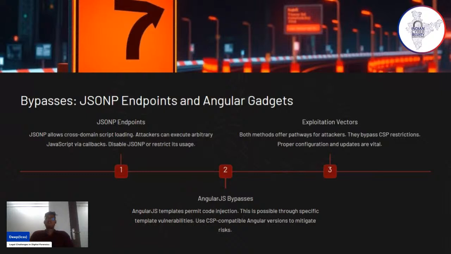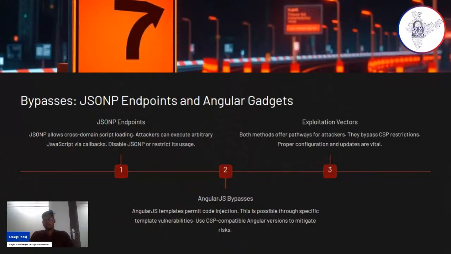Now the AngularJS bypasses. If the website backend is created using AngularJS, it might be possible that the website is vulnerable to attacks such as cross-site scripting, and client-side template injection or server-side template injection.